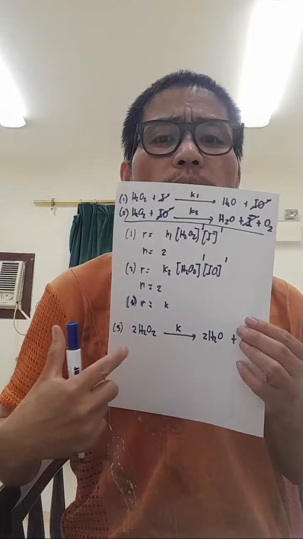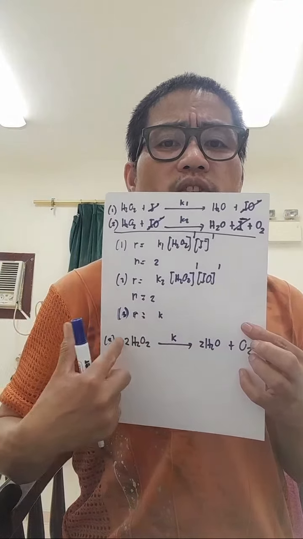Since there is a common number of moles in the product and the reactant, we need to divide this by 2.